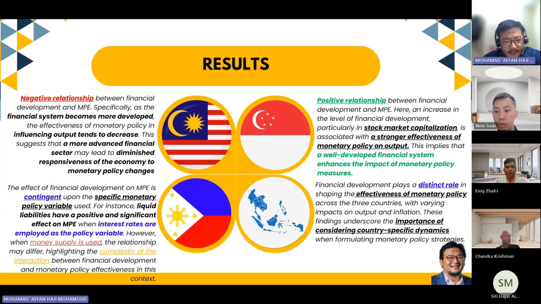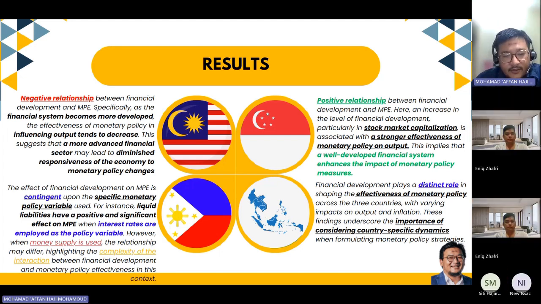In the Philippines' case, the effect of financial development on MPE is contingent upon the specific monetary policy variable. For instance, liquid liabilities have a positive and significant effect on MPE when interest rates are employed as the policy variable.